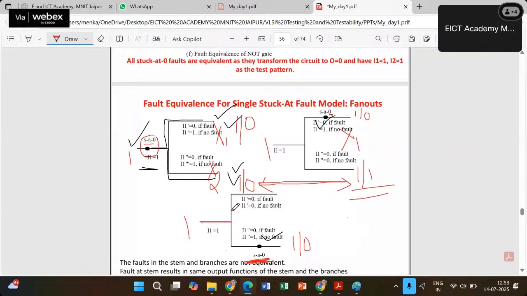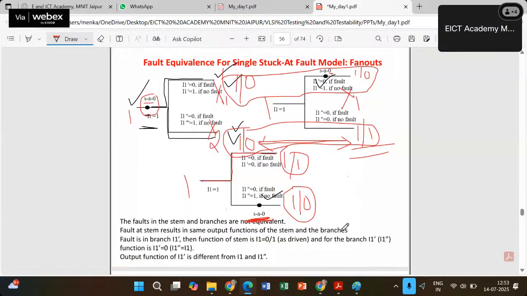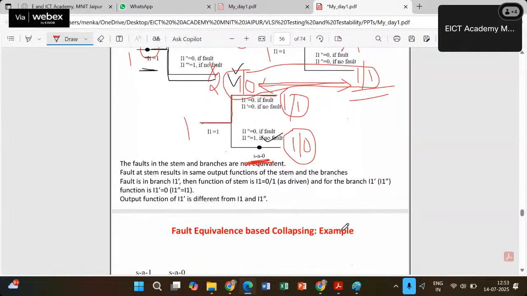Here the true output and the faulty output are both 1, because there is no fault propagating through this branch. So here also these outputs are not matching at all. So we will say that the stems are not equivalent. The faults on the stems are not equivalent. Please make a note of this. So this is the fault equivalence, by definition.